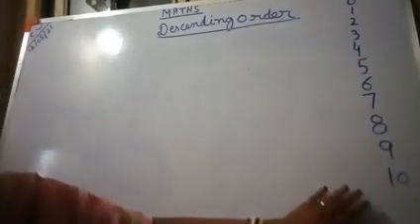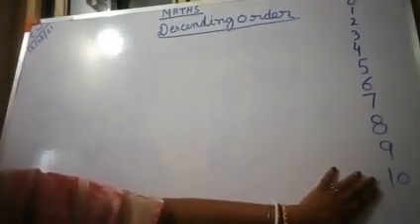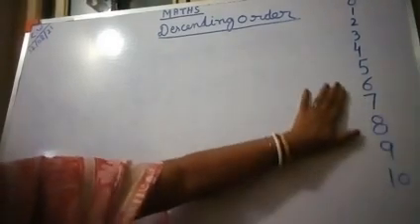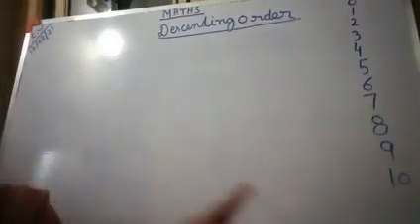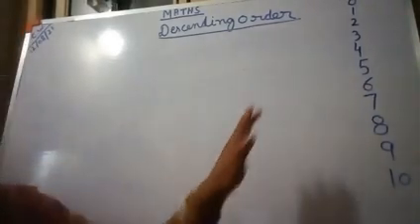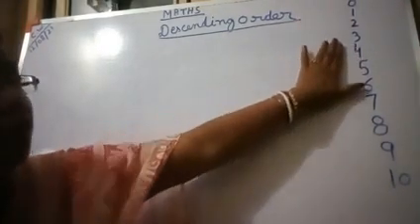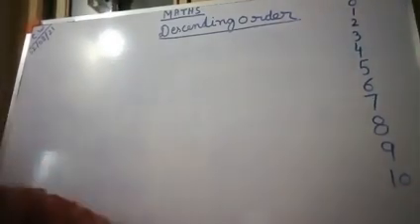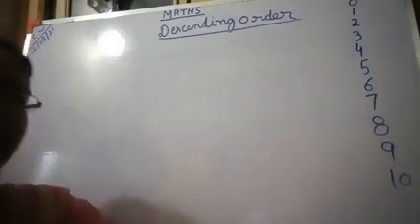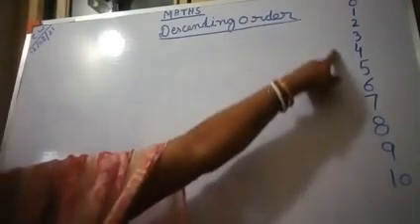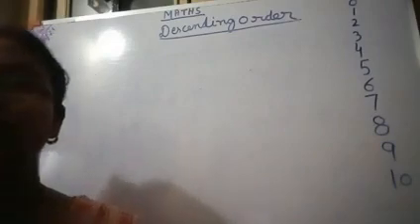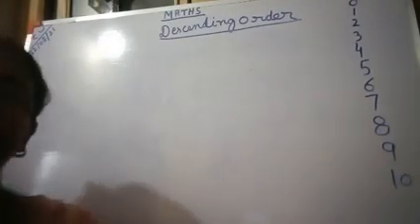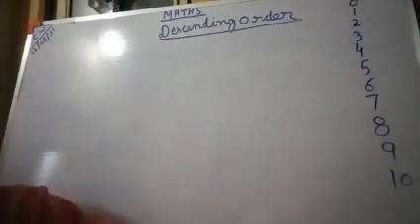Keep this in your mind: in forward counting, the numbers go from smaller to bigger, and in backward counting, the numbers go from bigger to smaller. Then you can easily do it.